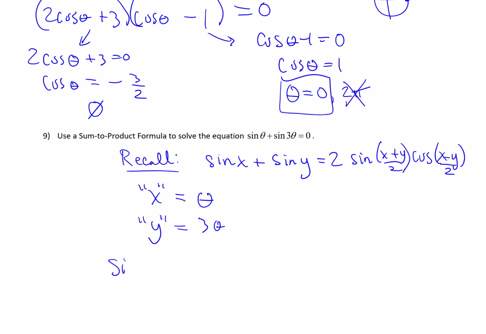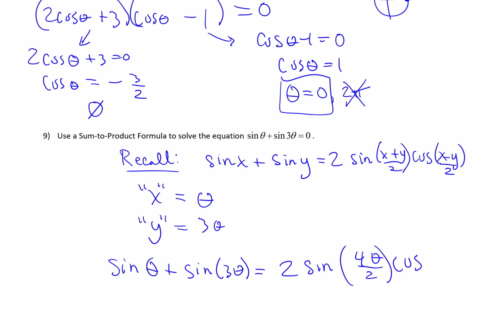So we'll say sine theta plus sine 3 theta equals, here we go, it's going to be 2 times the sine of, the first input is x plus y over 2. Well, that would be theta plus 3 theta, also known as 4 theta. I'll just put it that way, 4 theta over 2. And then the cosine of x minus y, well, the order matters here, so that'd be theta minus 3 theta. That's also known as negative 2 theta over 2.